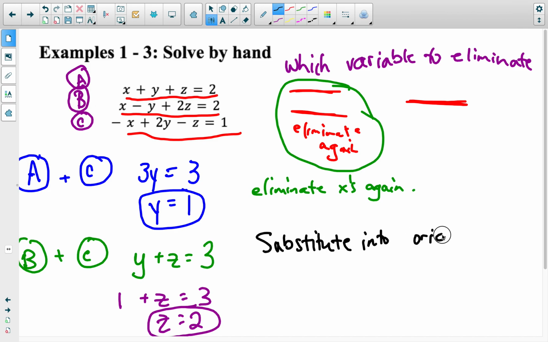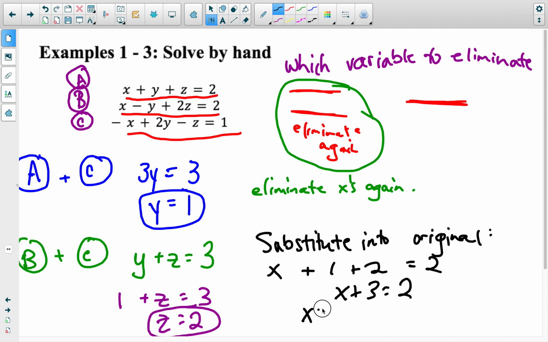I'll choose the top one: x plus 1 plus 2 equals 2, meaning x plus 3 equals 2, meaning that x equals negative 1. So I have my x, my y, and my z.